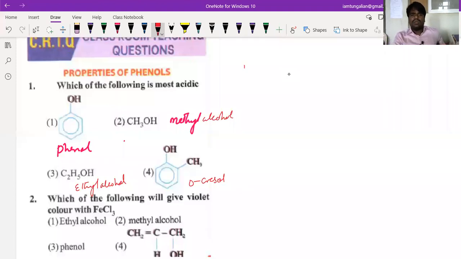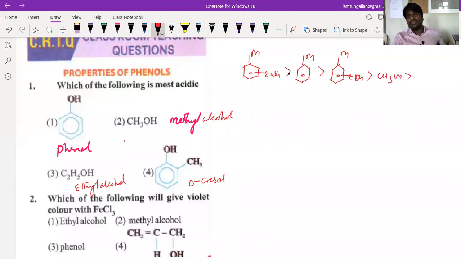So we know that phenols with an electron withdrawing group are more acidic, followed by unsubstituted phenol, followed by phenol with an electron donating group, followed by methyl alcohol, followed by primary alcohol, secondary alcohol, tertiary alcohol.